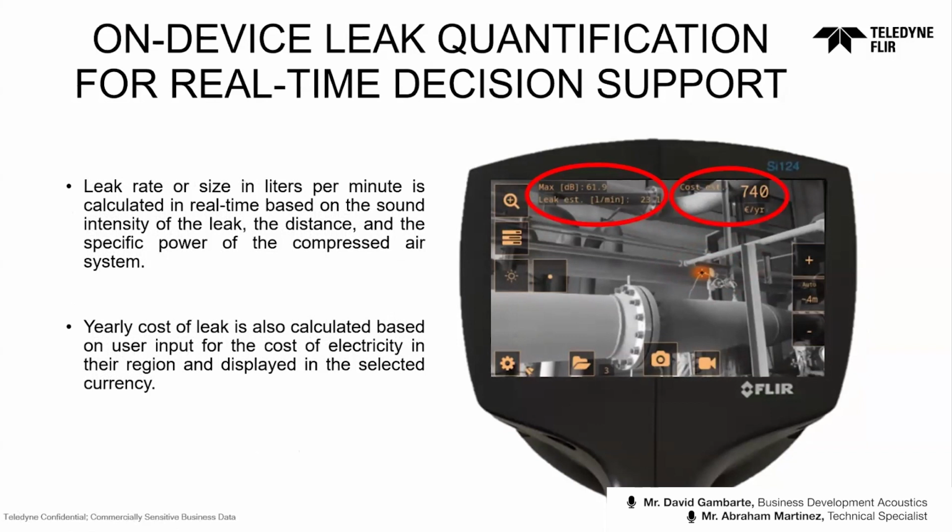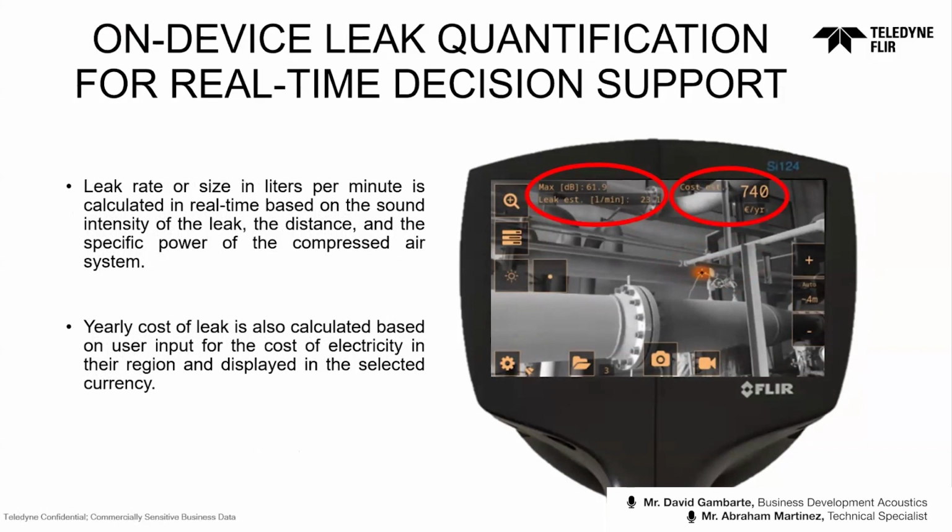On-device leak quantification for real-time decision support. As I mentioned, as you can see here on the screen, we will show you the decibels and the leak size estimation. In this case it's in liters per minute, but you can set your own units as you wish. And then the cost estimation. Naturally, the cost estimation comes from some setup that you need to introduce into the camera.